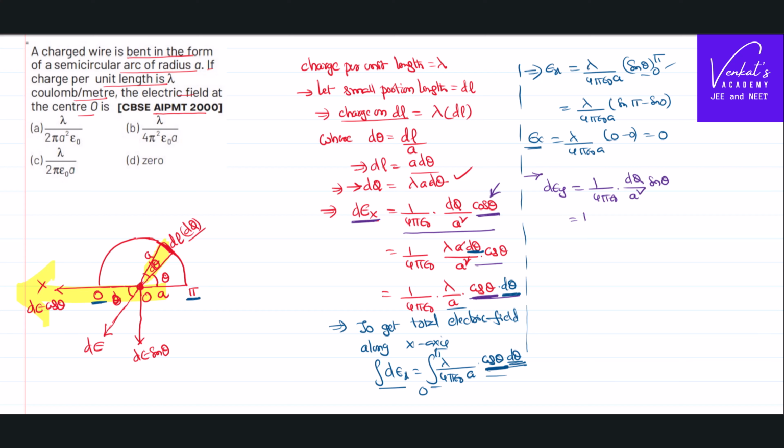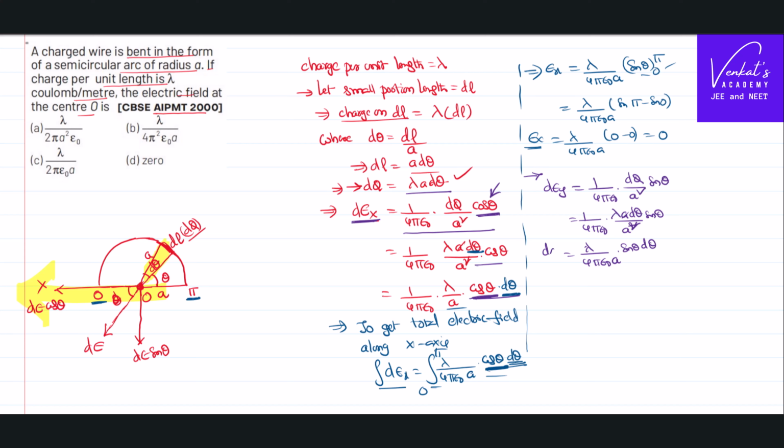With dq as lambda a d theta by a square, and one a cancelling, dEy is lambda by 4 pi epsilon naught a, sin theta d theta.